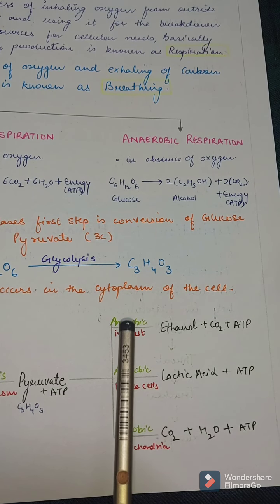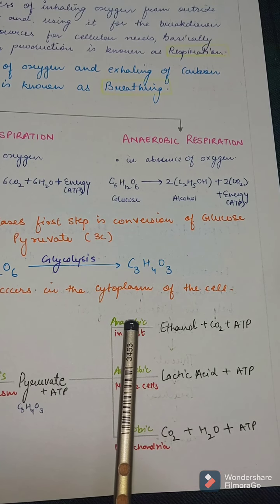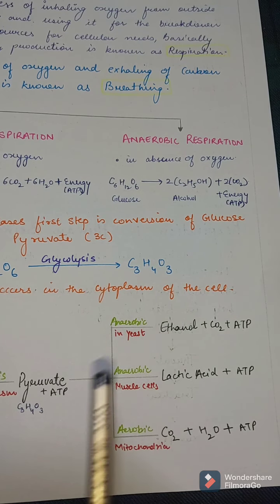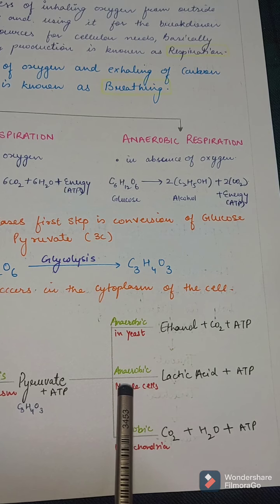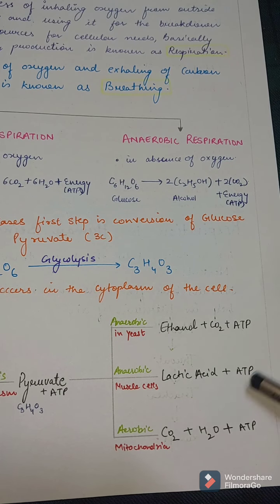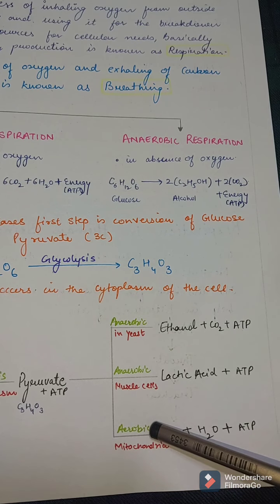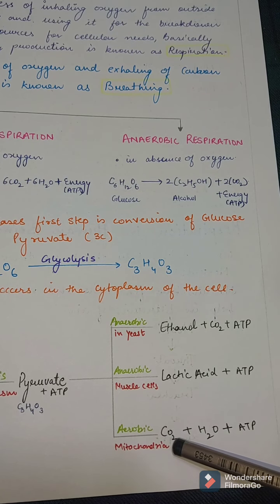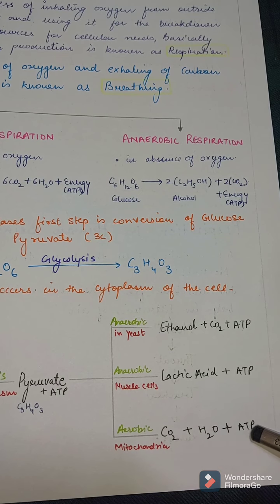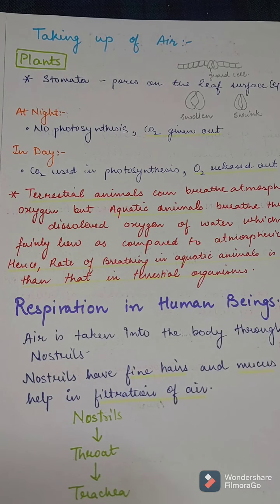In the yeast there is anaerobic respiration producing ethanol, carbon dioxide and ATP. In muscle cells, when there is lack of oxygen, there is anaerobic respiration producing lactic acid and ATP. And in the mitochondria, there is aerobic respiration in the presence of oxygen producing carbon dioxide, water and ATP, that is energy.